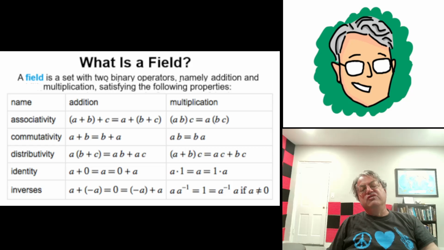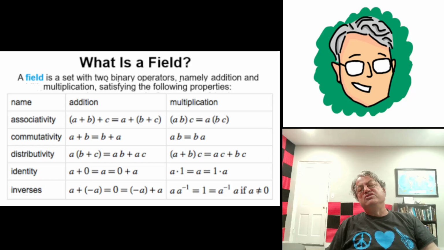Finally, we have additive and multiplicative inverses. But you have to be a little careful with multiplicative inverses. Additive inverses of every element of a field always exist. So for every element a of a field, there's another number which we write as minus a. You can think of it as the negative of a. Just that a plus the quantity minus a is 0, and that's also equal to minus a plus a.